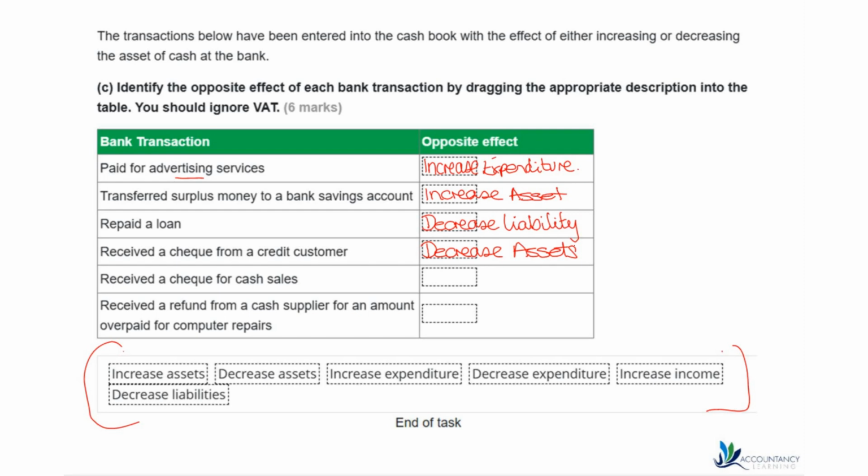Received a cheque for cash sales. So again, the cheque has gone into the bank and the cash sales is our income. So when we do cash sales, it goes directly into the bank or into cash and increases our income.